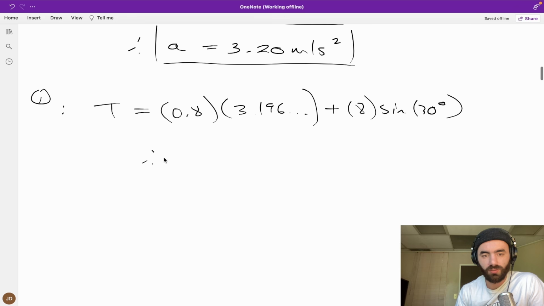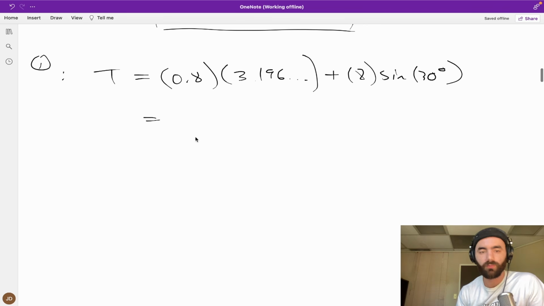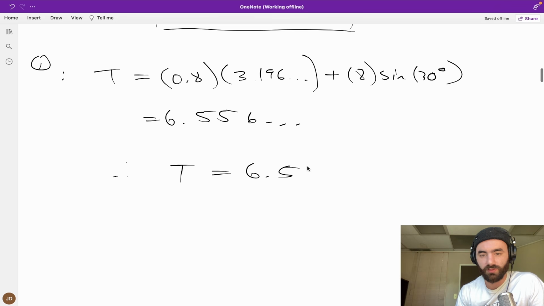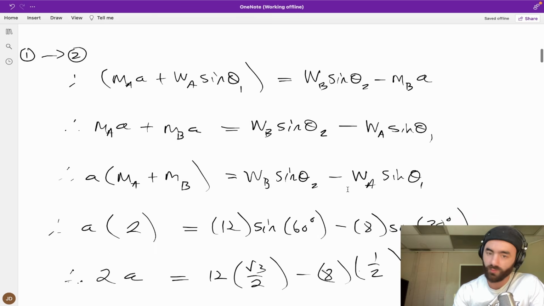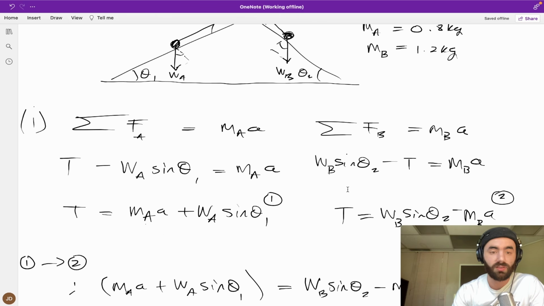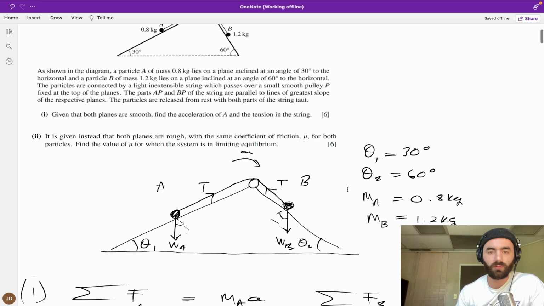So the tension will equal this times 0.8 plus 4, which is 6.556. If we round that, we say 6.56 newtons. That's the tension in the string and the acceleration of particle A, which is also the acceleration of particle B and the acceleration of the system overall. Cool.